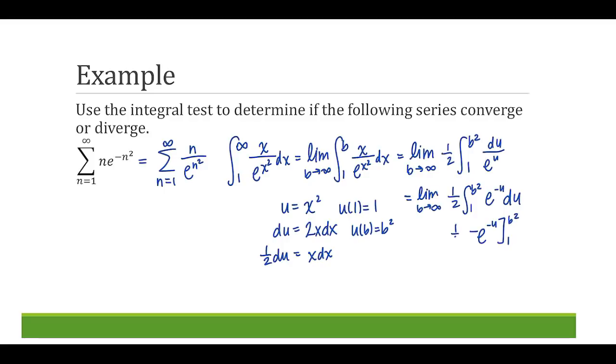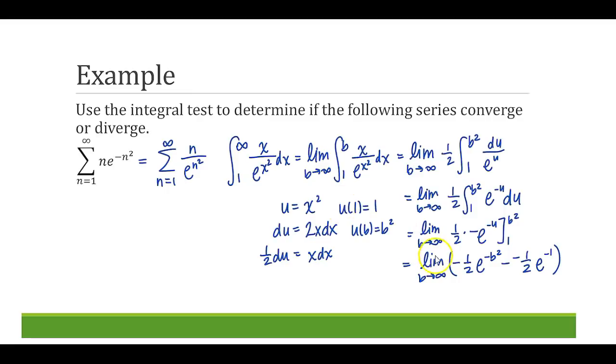And then we also have this 1/2 that's being multiplied, and we're still evaluating a limit at infinity. So what we have is the limit as b approaches infinity of negative 1/2 e to the negative b squared minus negative 1/2 e to the negative 1.